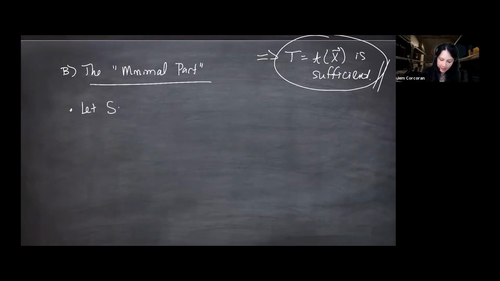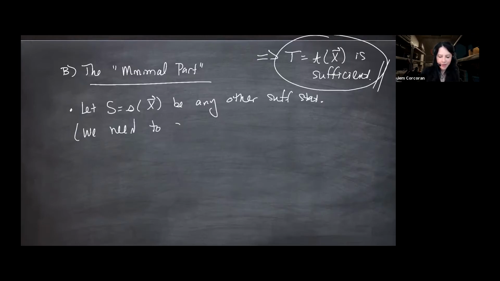So I'm going to let S be some other sufficient statistic, any other sufficient statistic. And we need to show, I hope I don't get this backwards again, that a statistic is minimal sufficient if it is sufficient and a function of every other sufficient statistic.